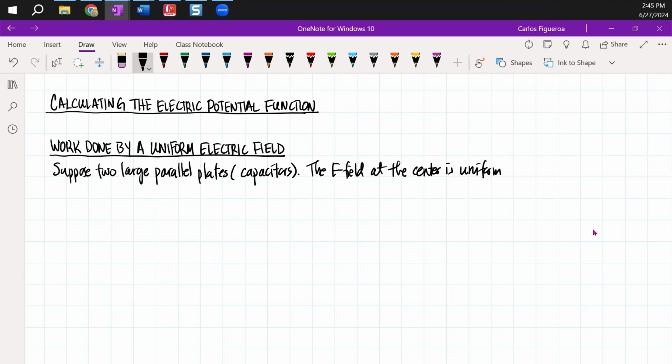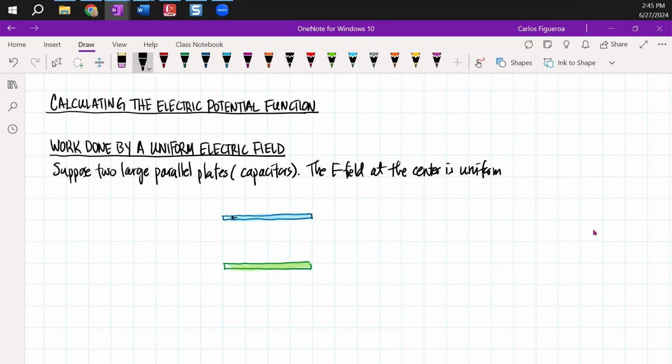So if I set up my field here, I'm going to say that I have this parallel plate and this one right here. And so I don't look at the edges. I'm not interested in the edges. I'm only interested in the middle of the plates so that I can treat them as parallel plates.